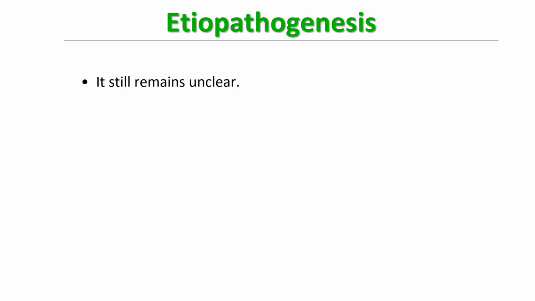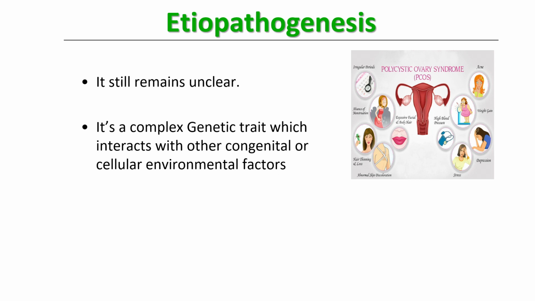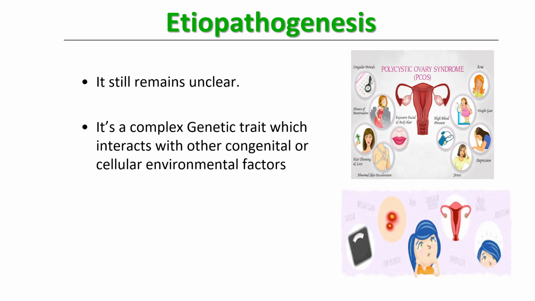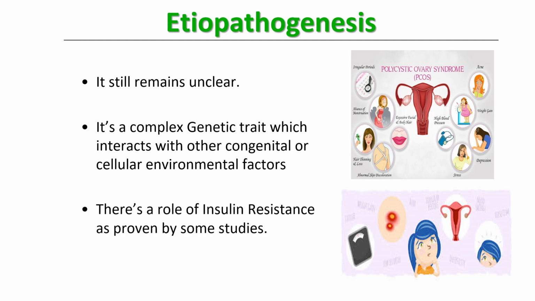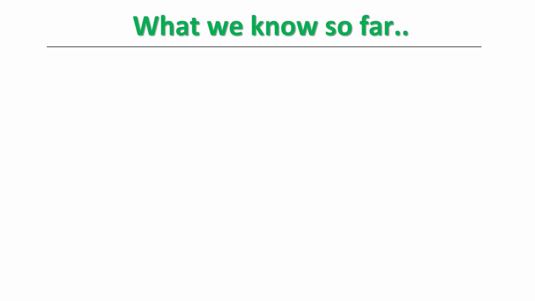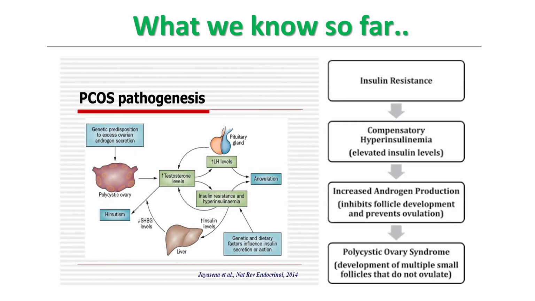Etiopathogenesis, again, still remains unclear. It is, as I said, a complex genetic trait which interacts with other congenital or cellular environmental factors. There is definitely a role of insulin resistance which is being suggested, and it is being proved by some of these studies. What we know so far is there is an inherited insulin resistance. So there is compensatory hyperinsulinemia, that is elevated fasting insulin levels, which causes increased androgen production, which in turn inhibits follicle development and prevents ovulation.